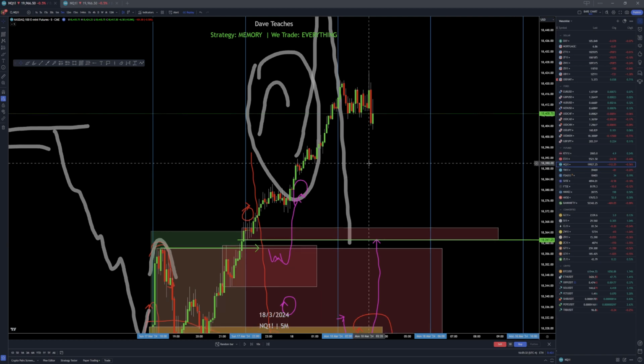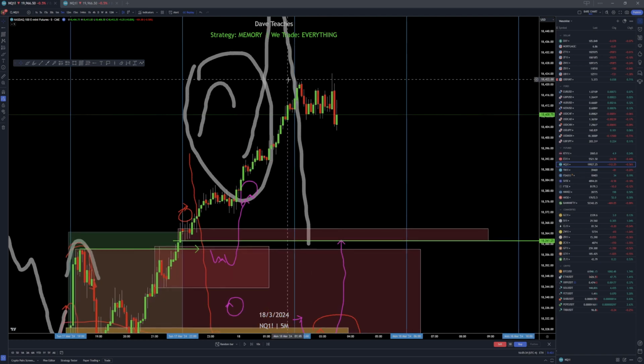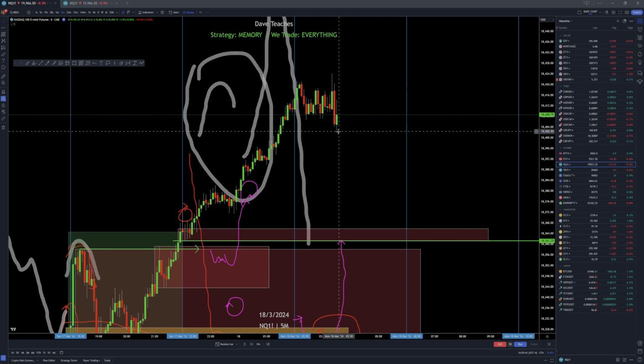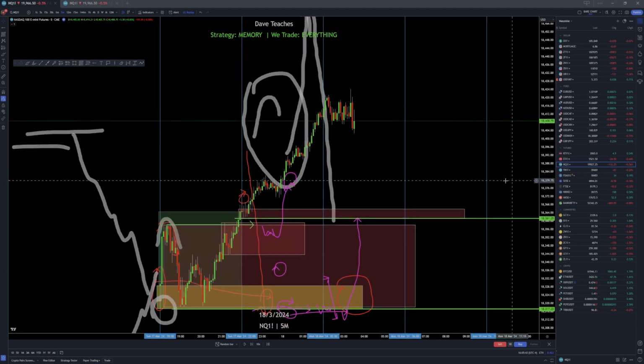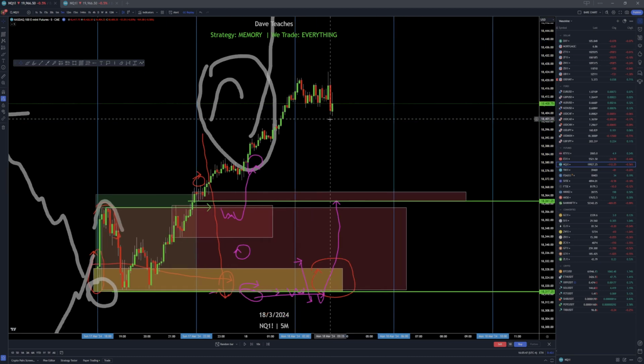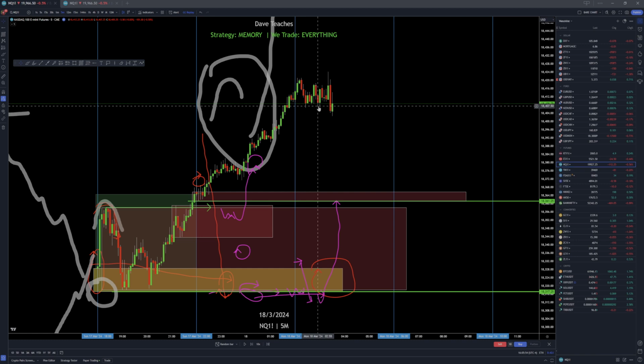So we saw that here. We saw this. We ran this high, right? And we saw this drop below. We know this is London Open here, right? Where are we here? 3 o'clock, right?